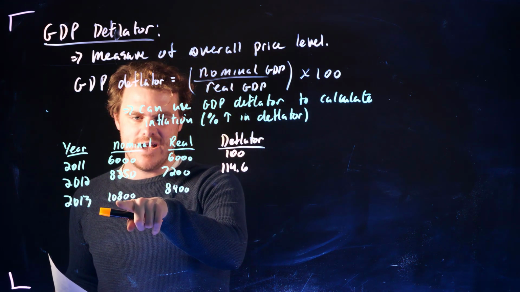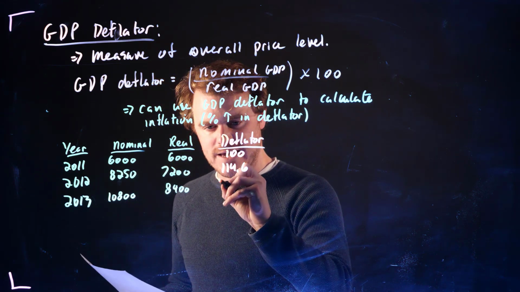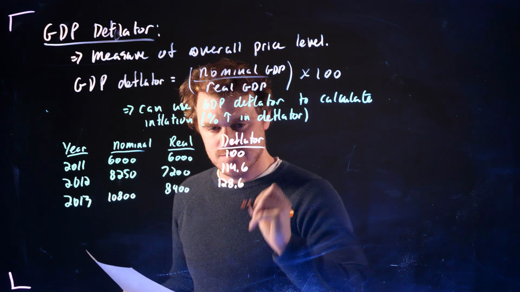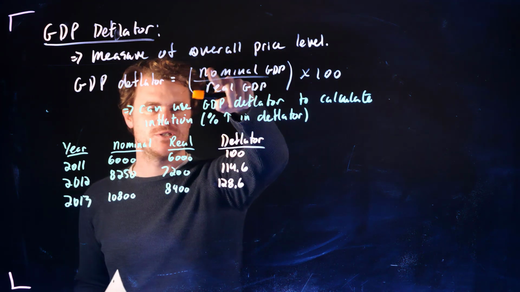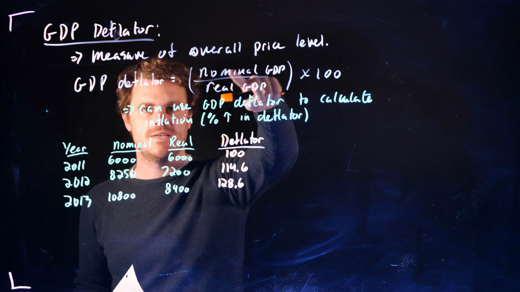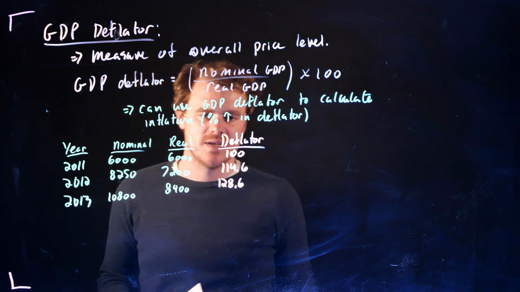And then 10,800 divided by 8,400 is 128.6, if my calculations were correct. So I'm just putting these numbers in this formula right here: nominal over real times 100.